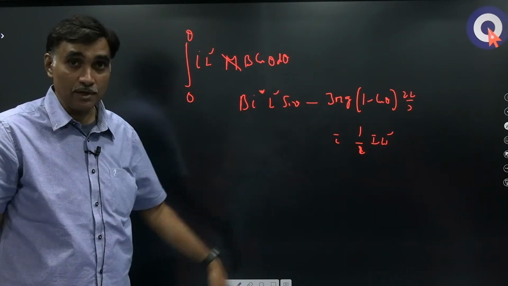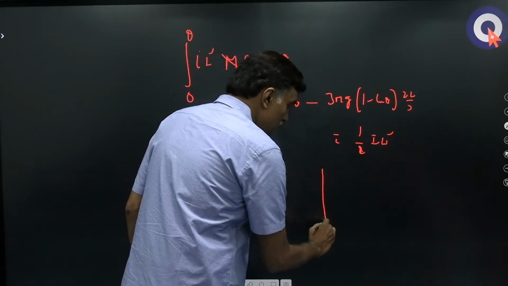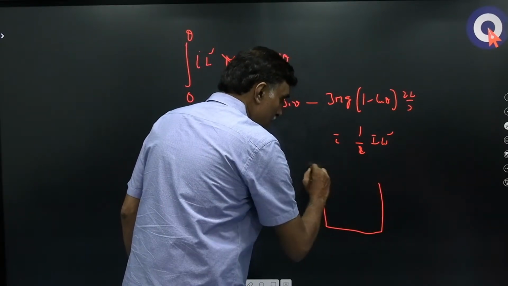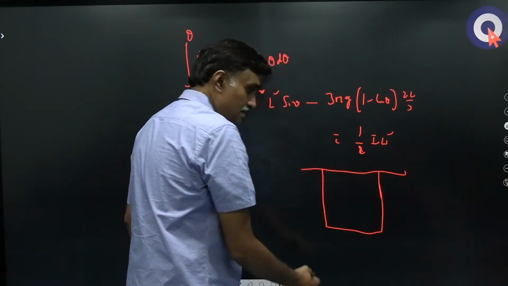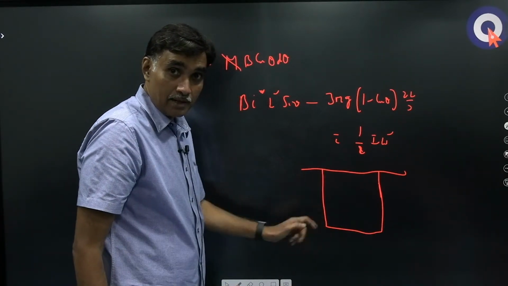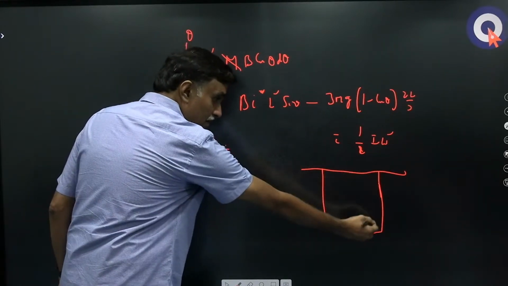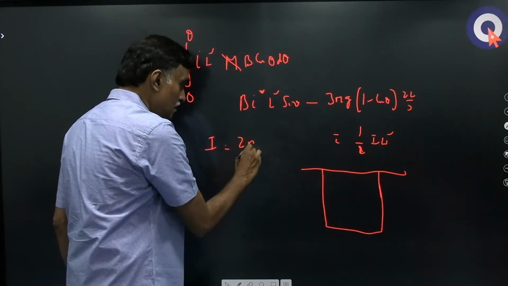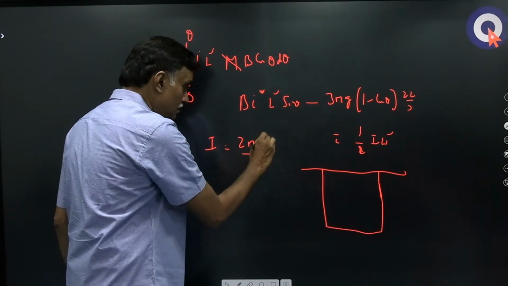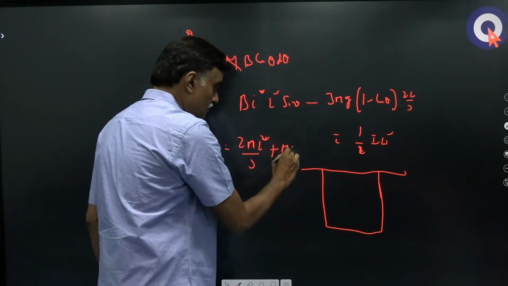What is I? Moment of inertia. What is moment of inertia? This is the frame and this is the axis. The mass of each part is m and the length of each wire is L. Then what is moment of inertia? For this part m L square by 3, for this also m L square by 3, that is 2 m L square by 3, plus for this part m L square.